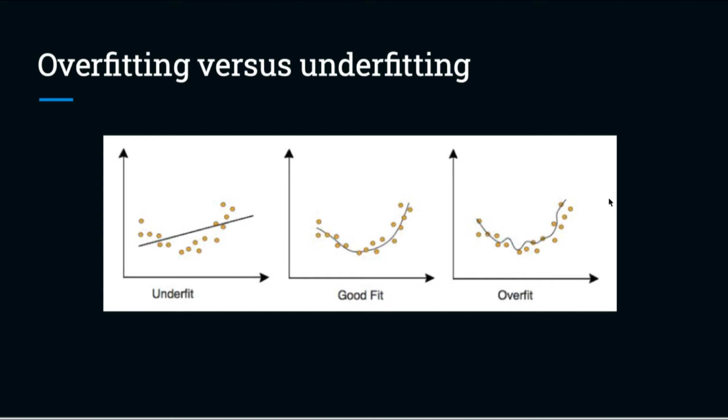Other methods to find a good fit include preprocessing the data into an optimal representation, and setting any model hyperparameters that influence model fit. Here we see a model that found a reasonable fit to the data without either underfitting or overfitting. That's what we want to do.